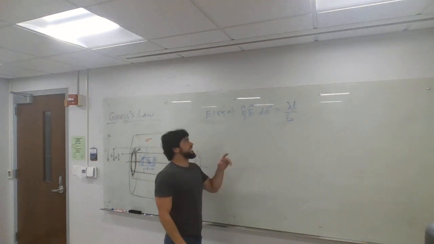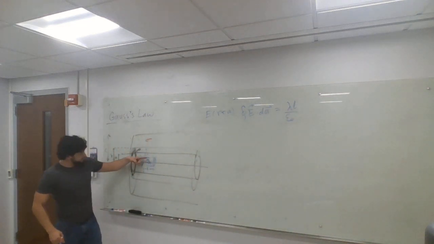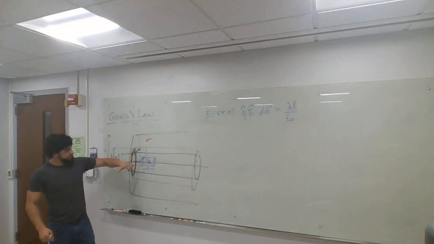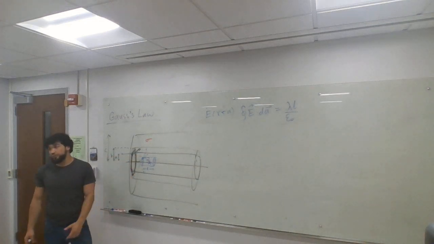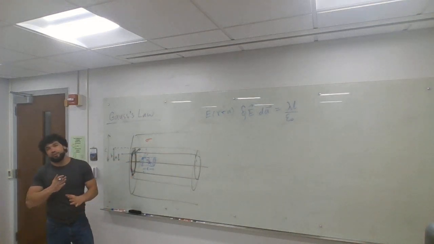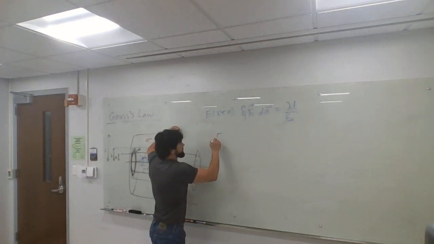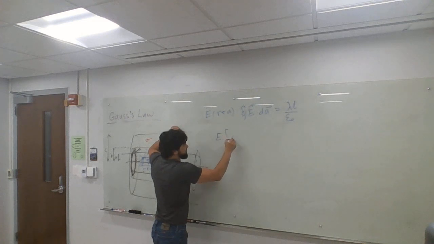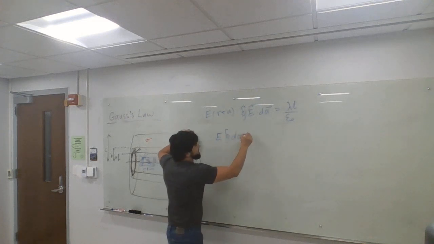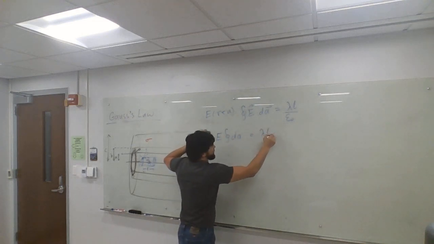So I need only to find E dot dA. E is the same everywhere and it's outward, which is the same direction as the area. The dot product goes, cosine of the angle is 1 all the time. E goes out, so E by dA is equal to lambda L over epsilon naught.